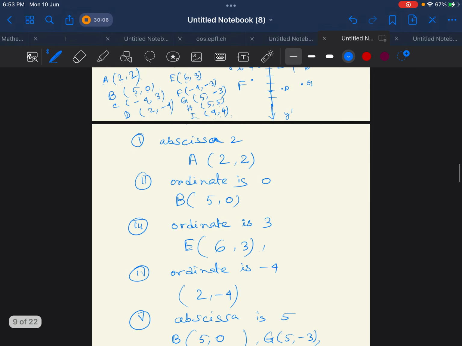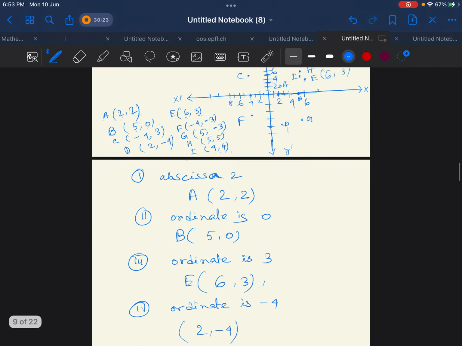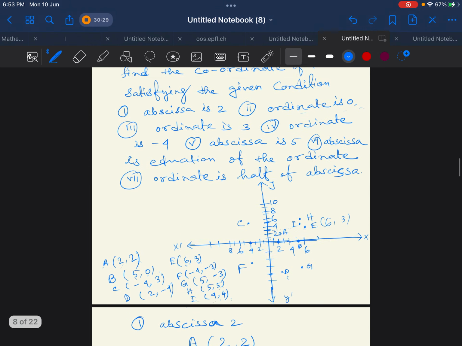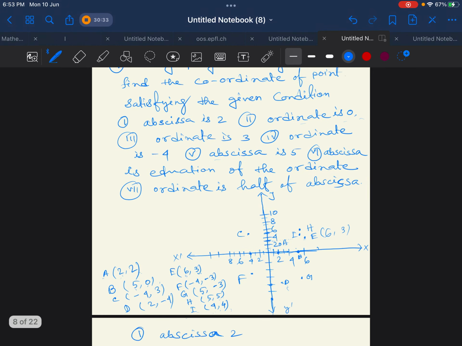Where ordinate is minus 4, 1, 2, 3, 4, this D point. Here ordinate is -4 and abscissa is 2. So this point D, we take this point D (2, -4).